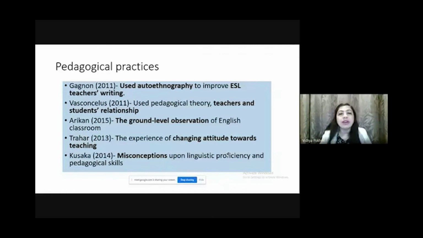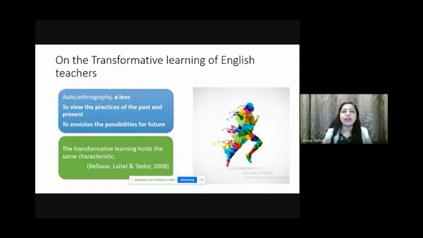Vasconcelos 2011, Eriken 2015, Troha 2013, Kashaka 2014, they have all brought the experiences of their pedagogical practices, where they talked about teacher-students relationship, theory and practice gap in the classroom, and then the ground level observation of English classroom, and changing attitudes towards teaching, and then about the misconceptions upon linguistic proficiency and pedagogical skills.